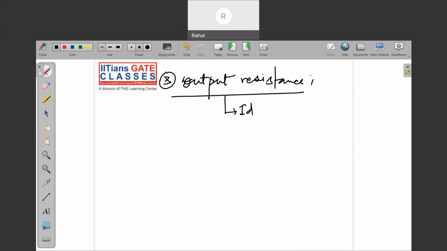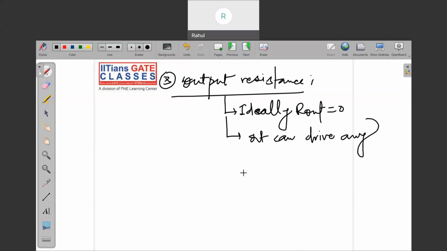Ideally R out should be zero, so it can drive any kind of load if the amplifier has low output impedance, R out.